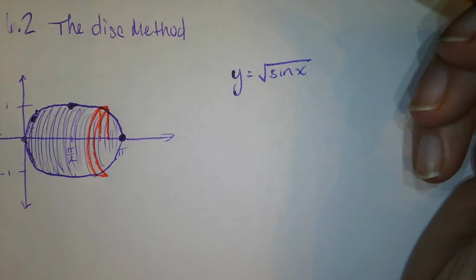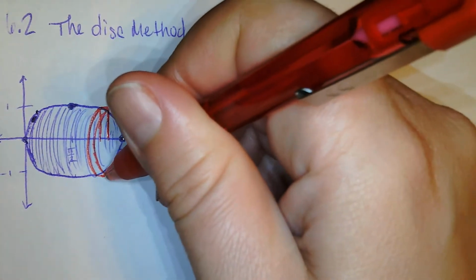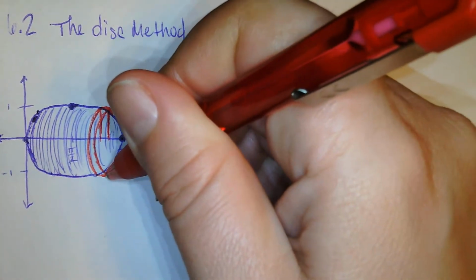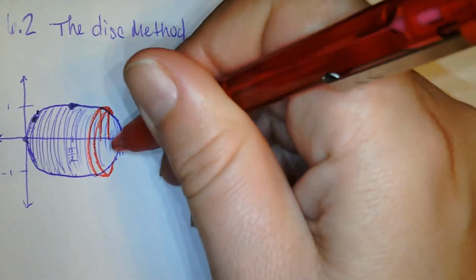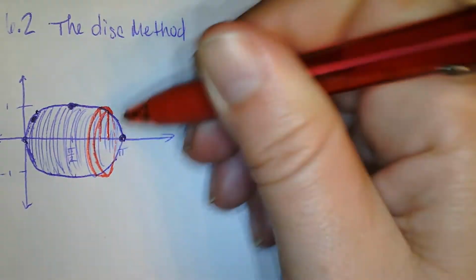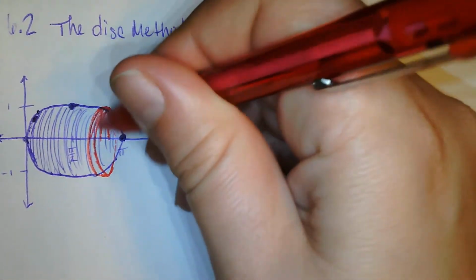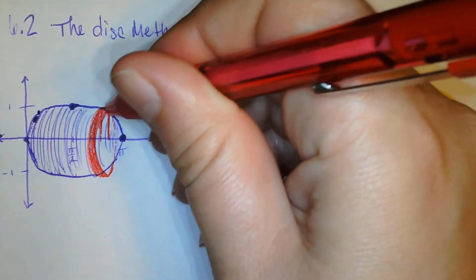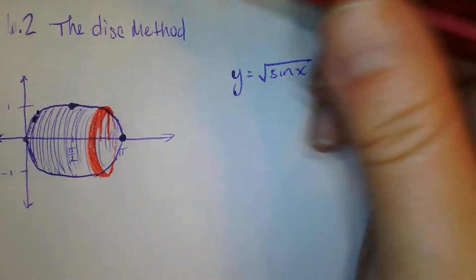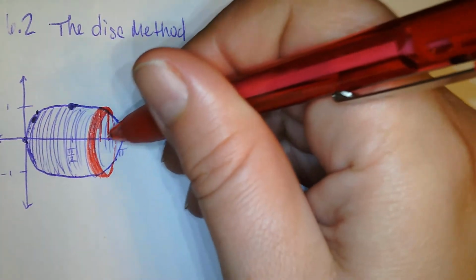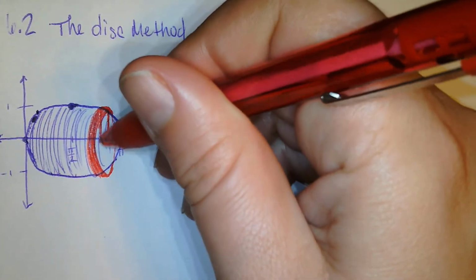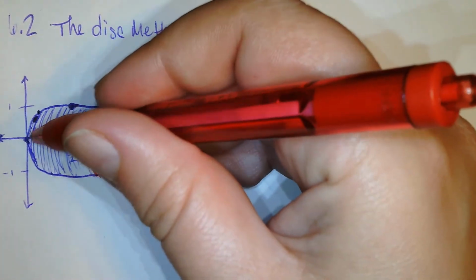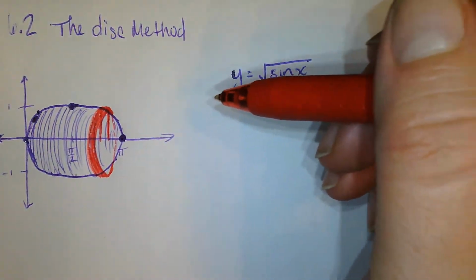So that's why we call it the disk method. You could see that that cylinder would come like right here, and essentially this whole piece can be broken up into these cylinders. It could just be a bunch of little cylinders or discs stacked together.